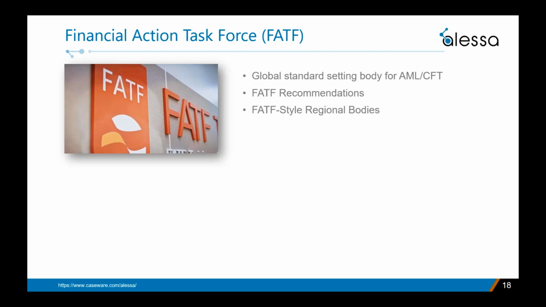The FATF has 39 member countries, and there are also nine FATF-style regional bodies that cover various geographical regions of the world. Now, these have an important role in promoting the FATF recommendations by their member countries. So in total, over 200 countries have agreed to implement the FATF recommendations.